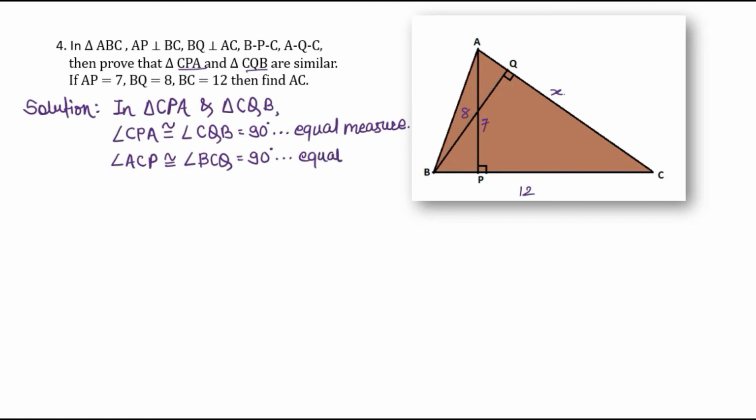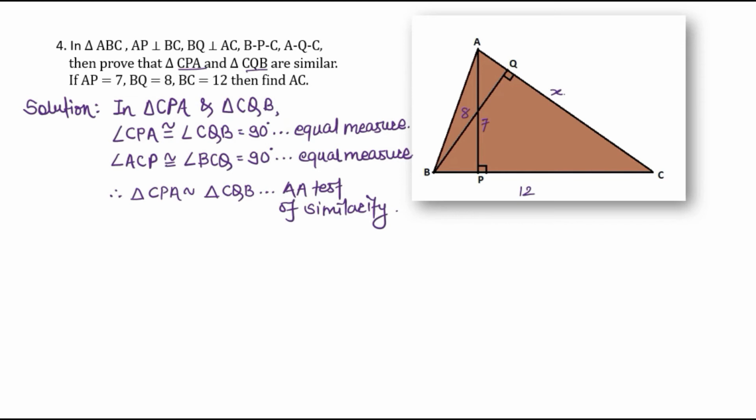Again, equal measure is the comment. So from these two conditions, we can directly say triangle CPA is similar to triangle CQB because of AA test of similarity. So this is done. Now we have proved that these two triangles are similar.